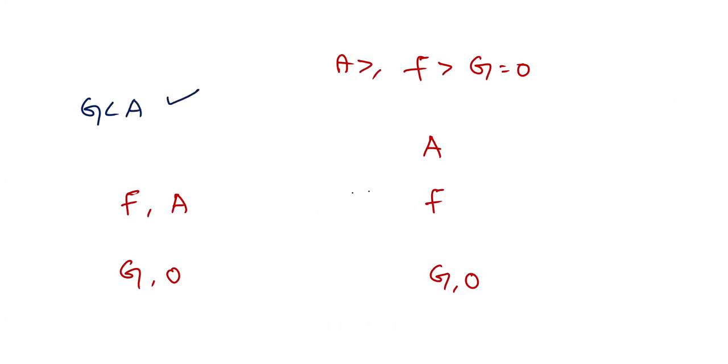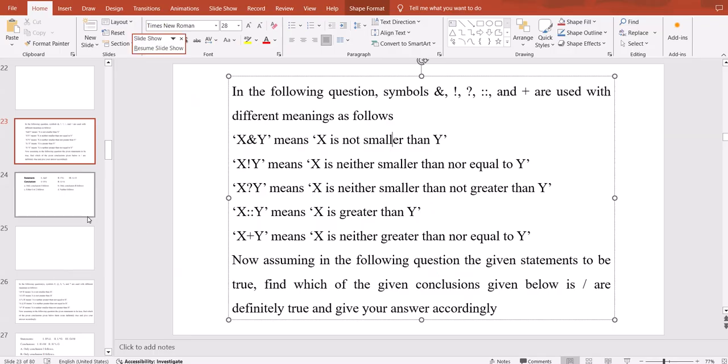Both cases G less than A only. The other one, O greater than A. No, both cases O less than A. That is why false. If you have a doubt, draw the diagram like this with all possibilities. It may be equal, it may be greater. Perfect.